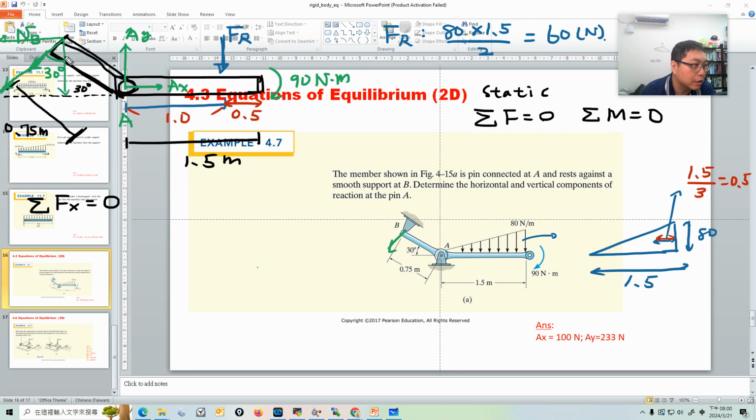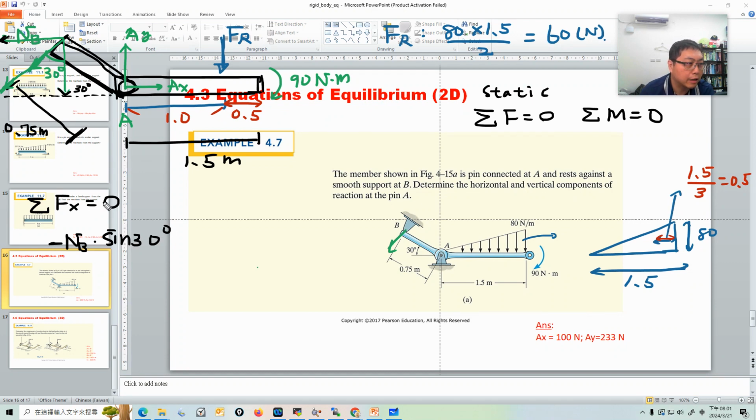So these are the X components. The X component looks like MB sine 30 degrees, sorry, sine, not cosine. MB sine 30 degrees, and it points to the left, so it's a negative sign.